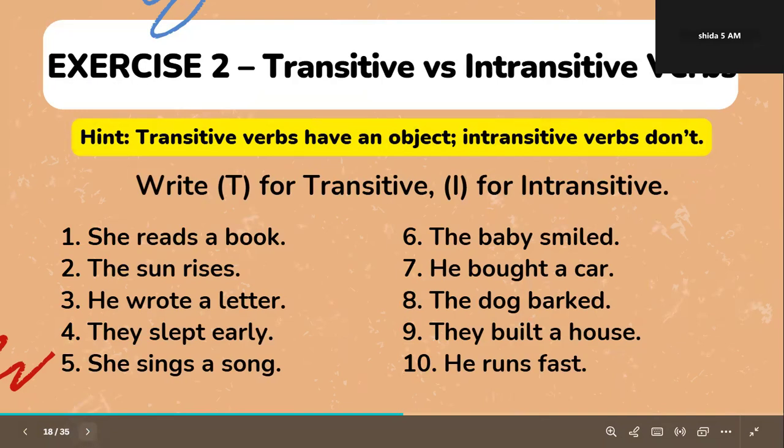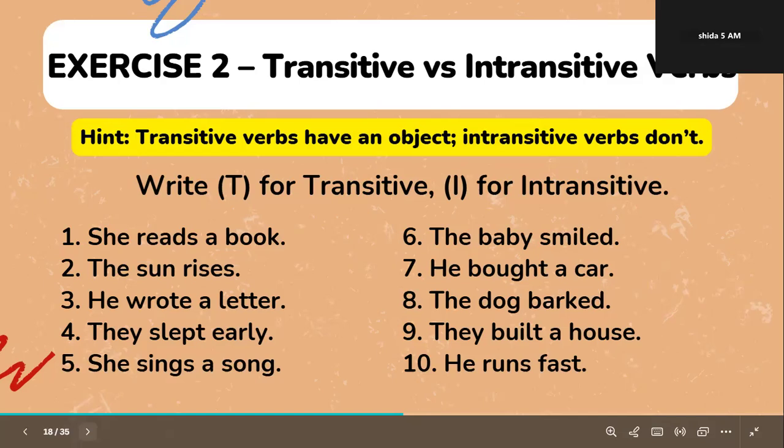Next one is transitive versus intransitive verb. And there is a hint given here. Transitive verbs have an object. Intransitive verbs don't. Okay, so we have to write T for transitive and I for intransitive. Okay, take down the answers on your notebook. Yeah, she reads a book. Is it a transitive or intransitive verb?